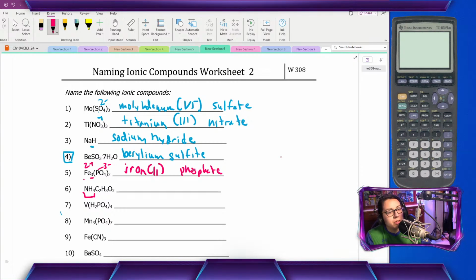That will come up a lot. So we have ammonium here. And then what was this one? So this was another one that I said watch out for. And so that's acetate. So we actually have ammonium acetate here. So it looks tricky, but not too bad.